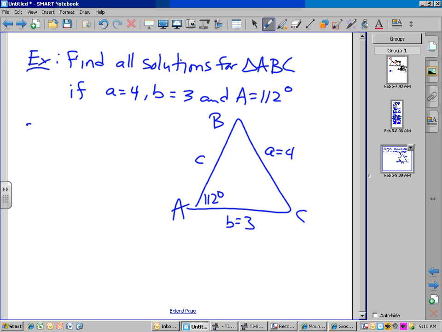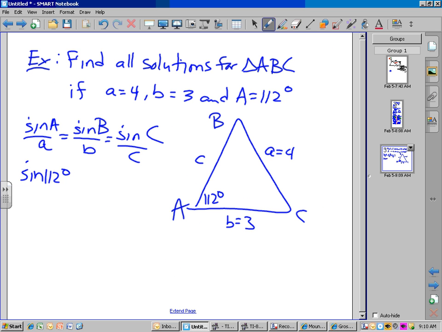Same thing. Sine of A over a equals sine of B over b equals sine of C over c. So, sine of 112 over 4 equals the sine of B over 3 equals the sine of C over c.